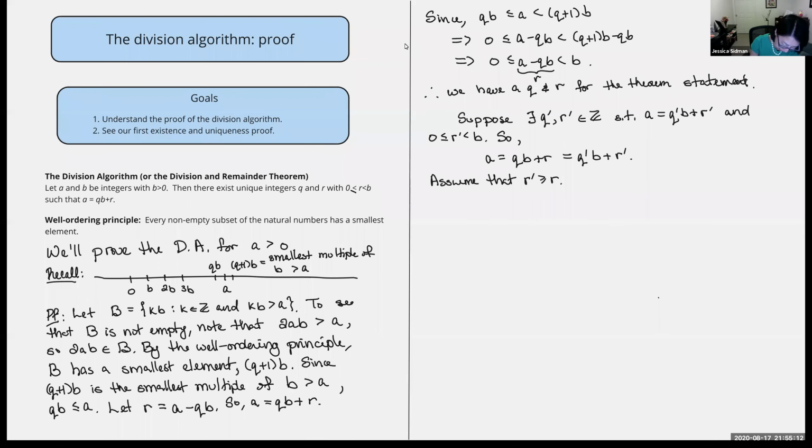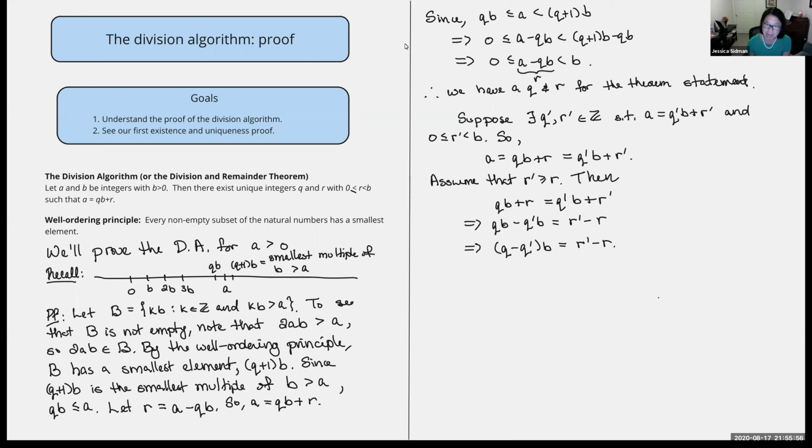I'm going to say, then, if I have QB plus R equals Q prime B plus R prime, I'm going to subtract the Q prime B from both sides, and I'm going to have QB minus Q prime B, and I'm going to subtract the R from both sides so that I have R prime minus R, and on the left-hand side, this is going to look like Q minus Q prime B equals R prime minus R. That's a little better.